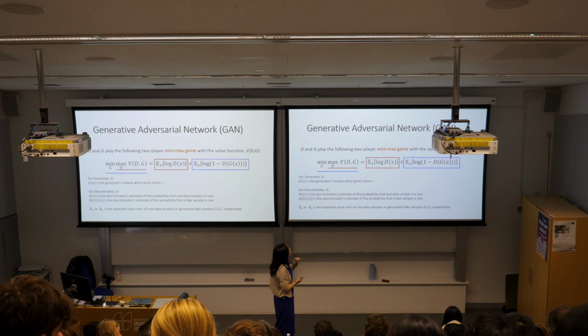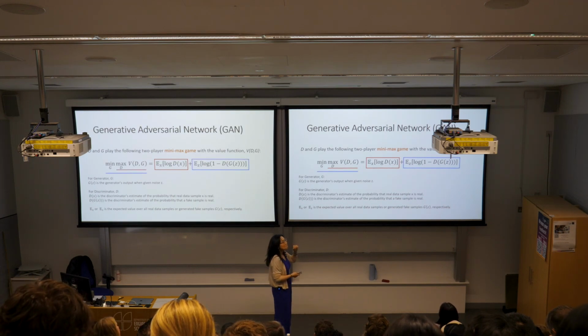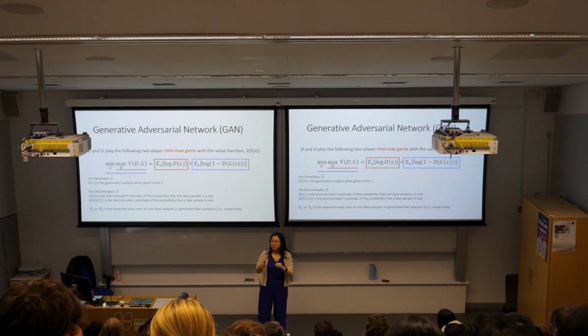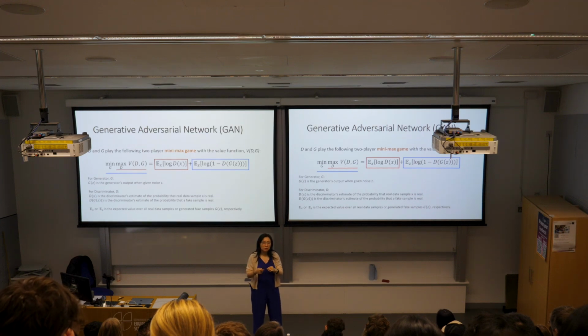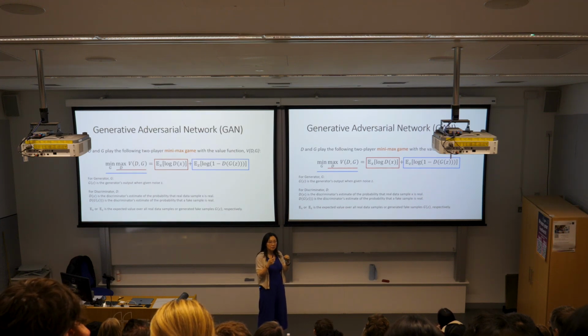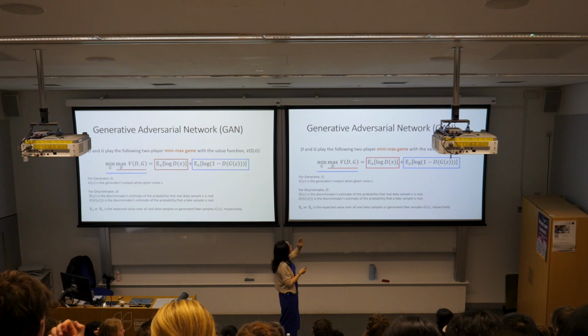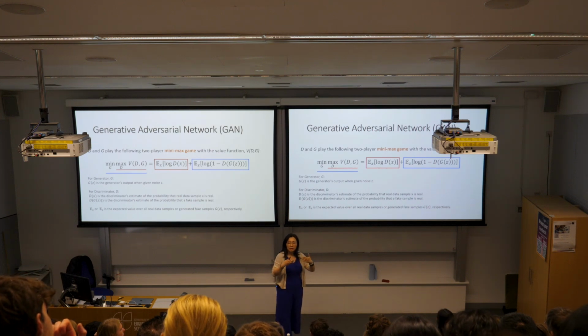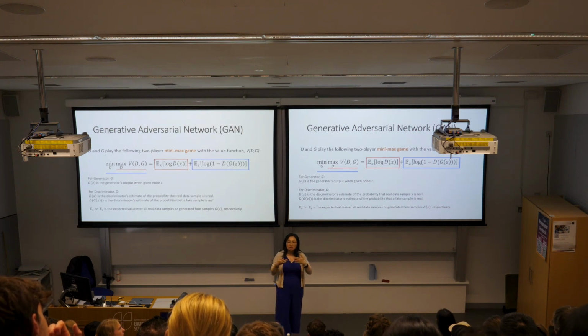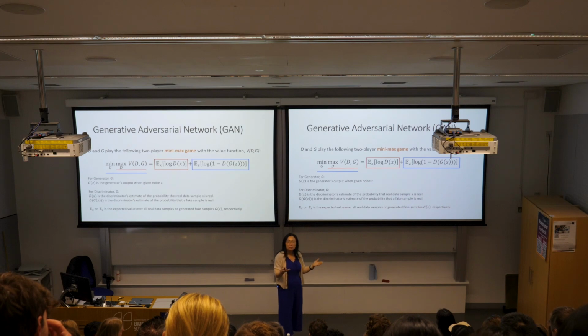And then we want to minimize the mistakes that the generator, which is the counterfeiter, makes. The generator cannot actually affect the discriminator, so the counterfeiter cannot change the view of the bank clerk.